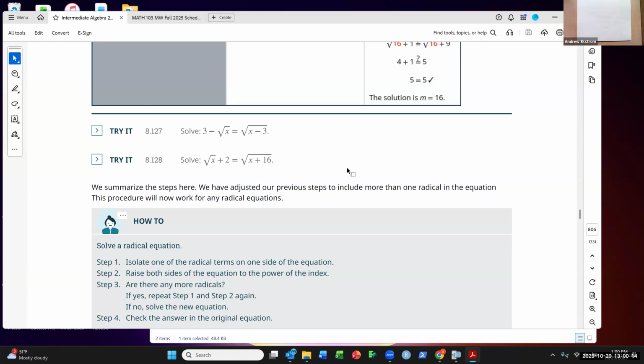Unfortunately, the way that these are set up, it's either a horrendous thing or a worse thing. And I'm looking at 128 right now.